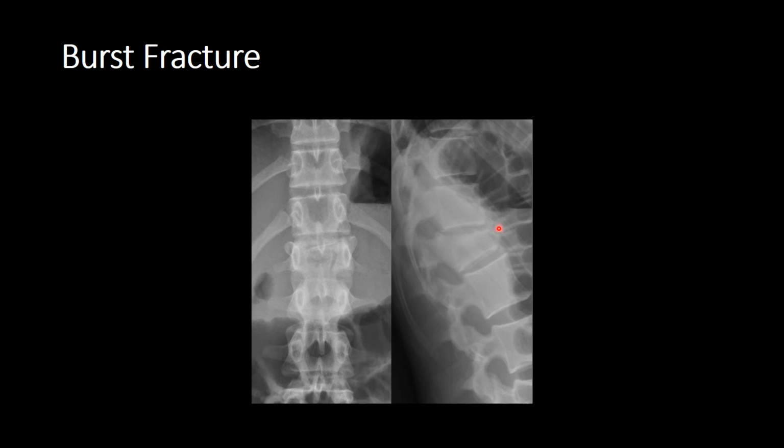So we have disruption of the anterior column, we have disruption of the middle column, and then the interpedicular widening indicates there's disruption of the posterior column. So this is a 3-column injury. So we've got disruption to the posterior longitudinal line.